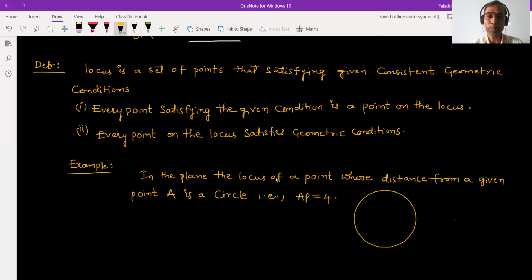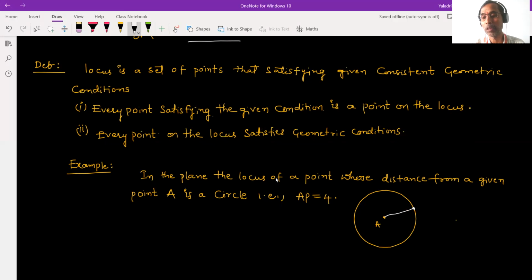So that means what here? In the plane, the locus of a point whose distance from a given point. So what is the given point? Let us suppose this is A, and this is a moving point along the curve. This is one closed curve. Here I write like this.